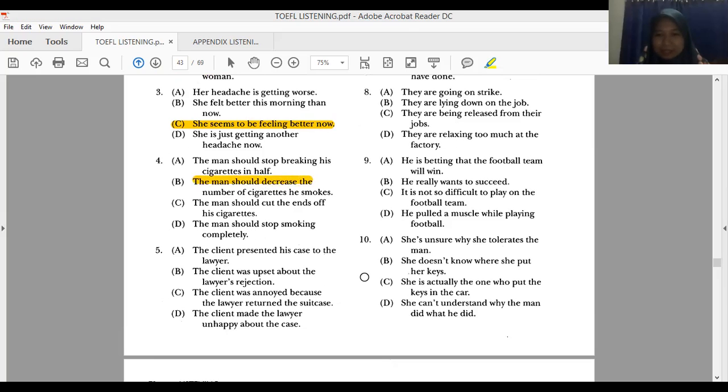Now, Miss Meta, number 5. Why was the client unhappy? The lawyer turned down his case. What does the woman mean? Your answer, Miss Meta? Or Miss Salma, number 5.